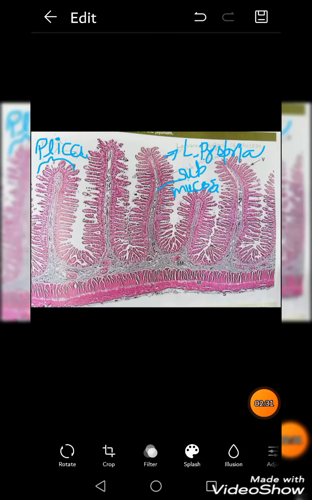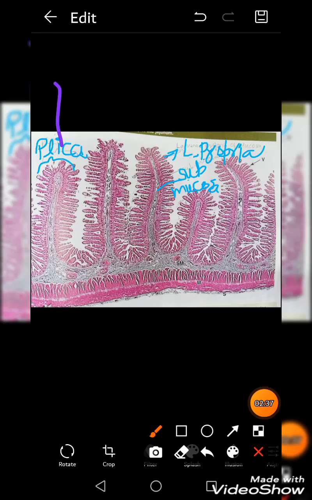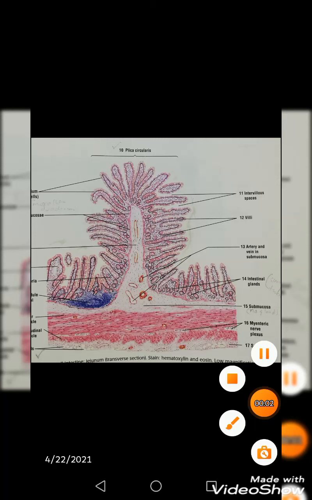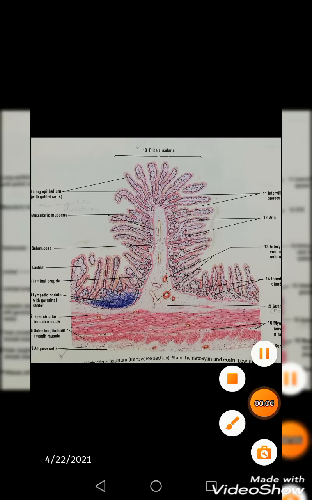Histologically, you can visualize how plica appears: it looks like an outward extension having the mucosa and a core of submucosa in it. This is the plica circularis.